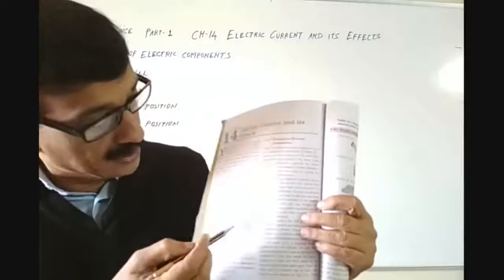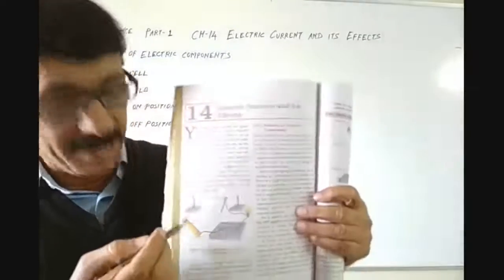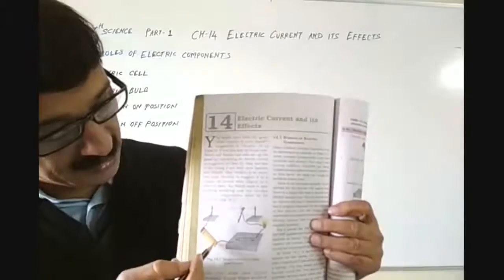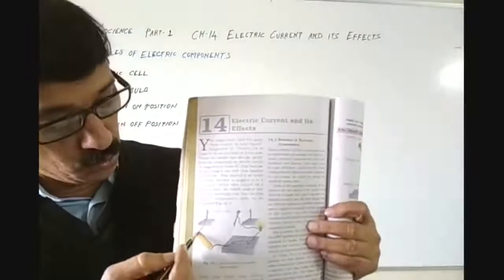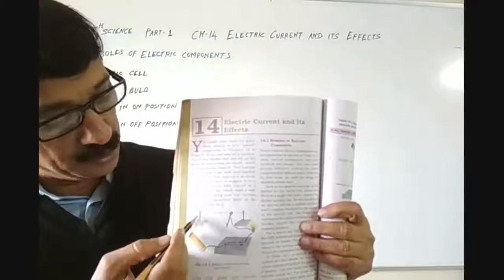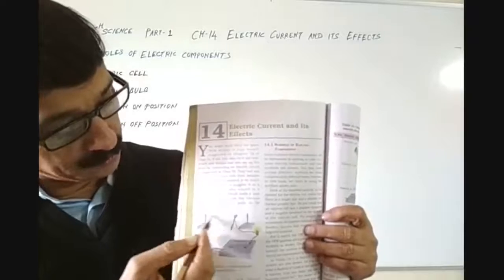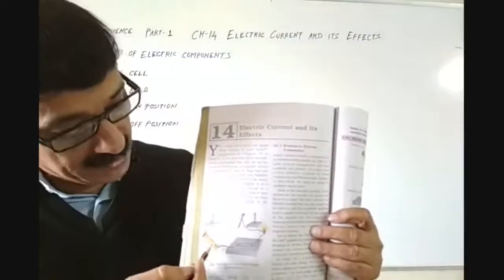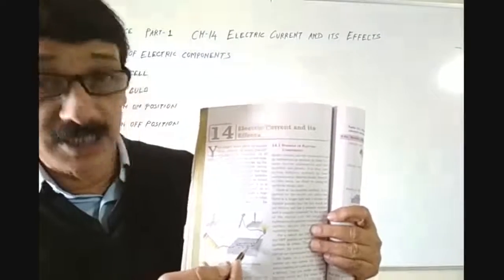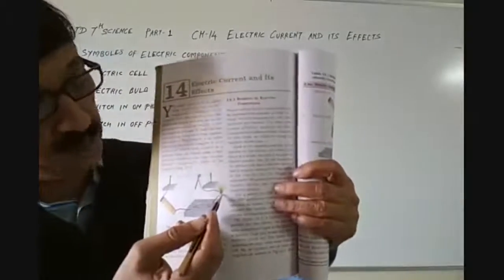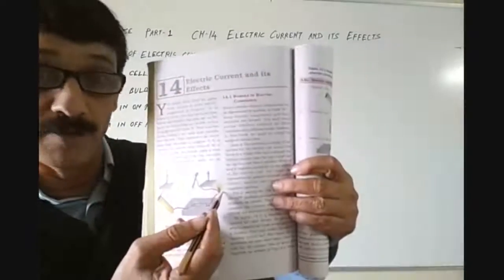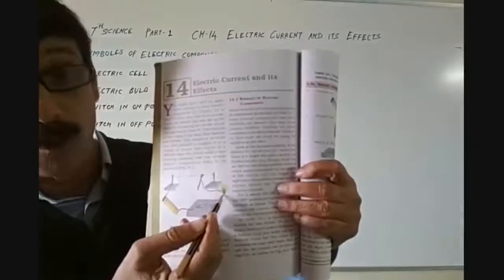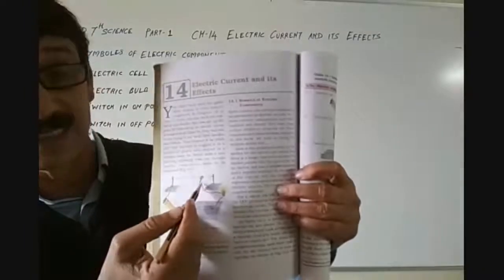But here, let me make you understand. See, this is the cell, with two terminals. One of the terminals is joined to this wire. The other terminal, through this switch, is joined to one terminal of the bulb, and the second terminal of the bulb is joined with this key.